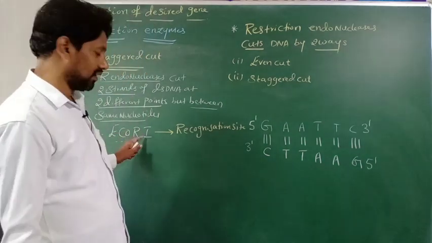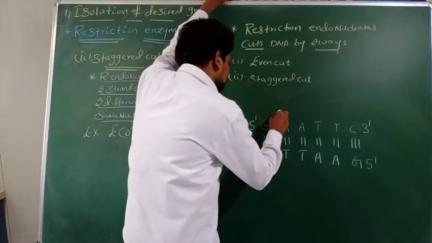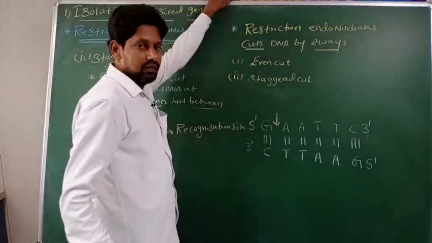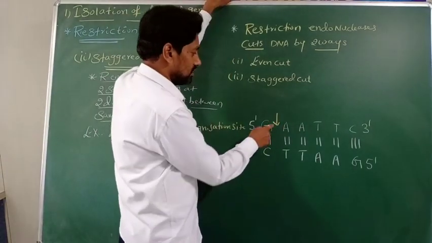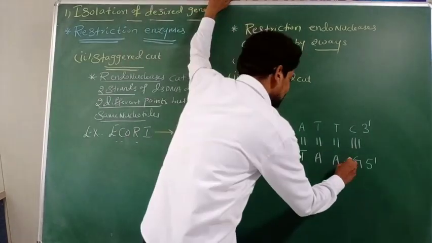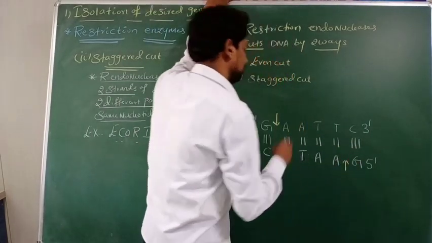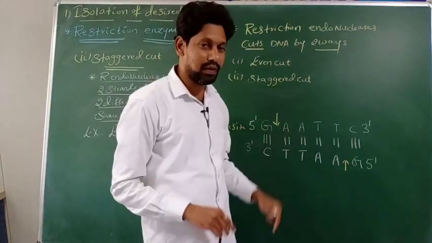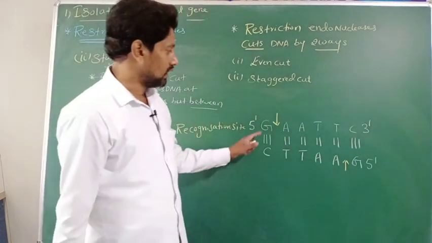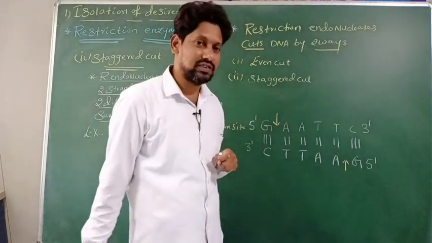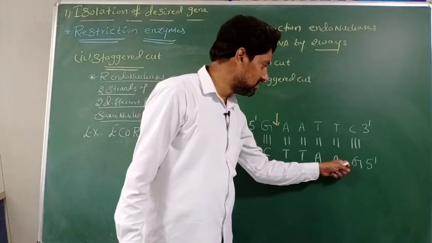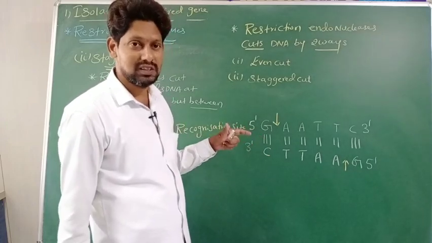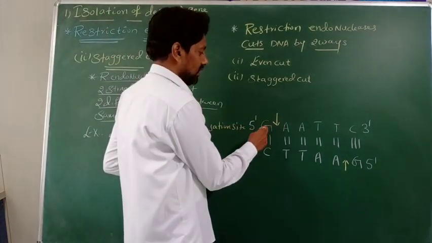EcoRI is cutting the first strand at this point, cutting the second strand at this point. Is EcoRI cutting both the strands at the same point? No. Therefore, it cuts two strands at two different points, but between the same nucleotides.